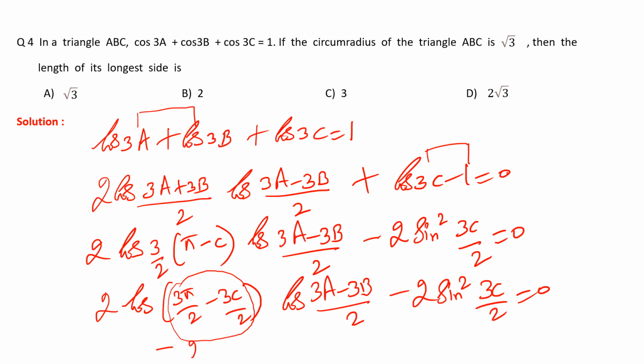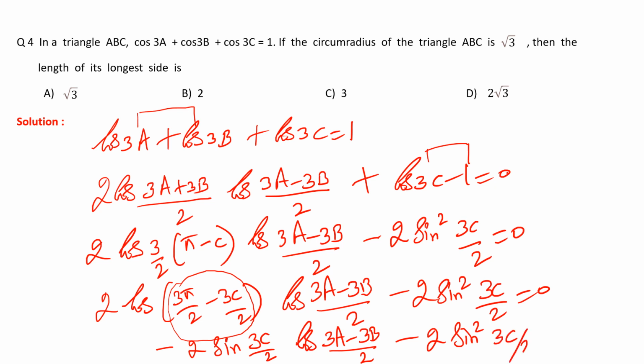So this becomes minus sine 3C by 2. I treated 3C by 2 as theta, into cos (3A minus 3B) divided by 2 minus 2 sine square 3C by 2. Now you can clearly see this sine 3C by 2 will come common. Now let us move ahead.